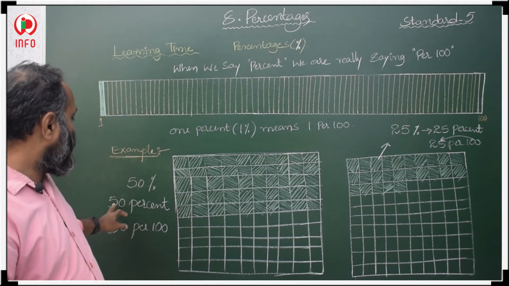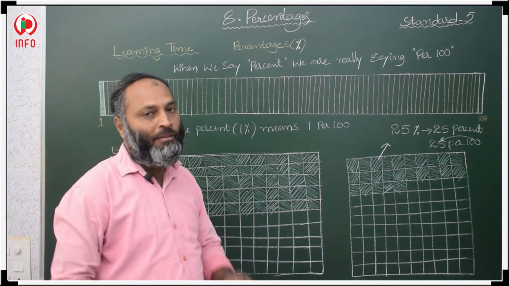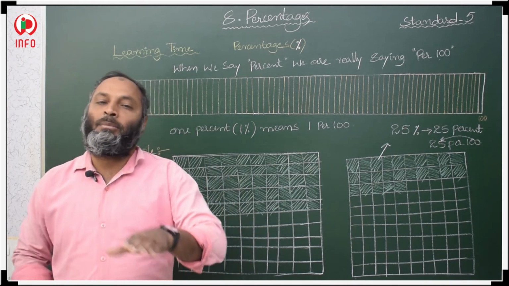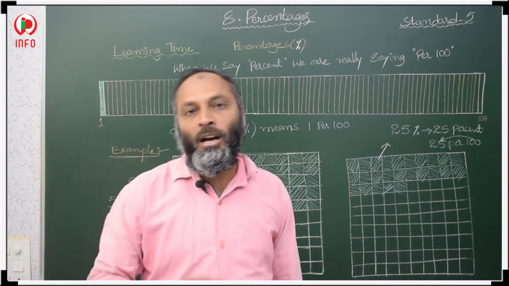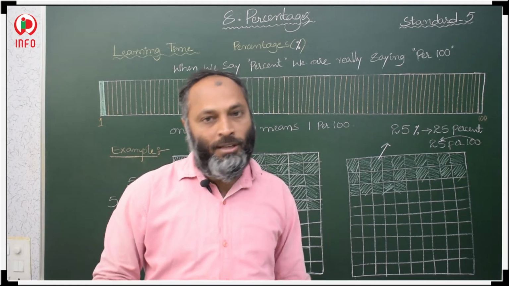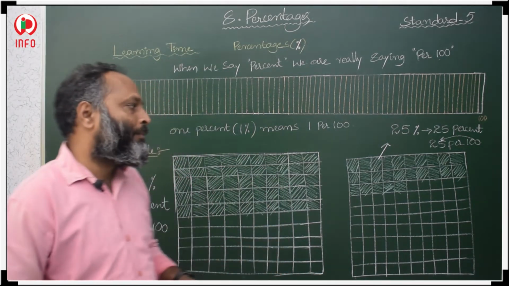50% means per cent, 100, in 100, 50%. 50% is always exactly equal to half. So 50% means half of the portion, whatever it is. Okay.